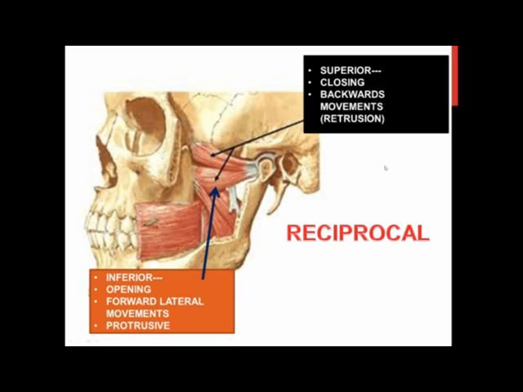The superior head, the top one, is responsible for predominantly closing the jaw and backwards movements called retrusion.